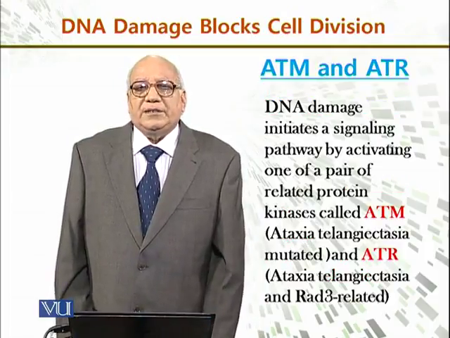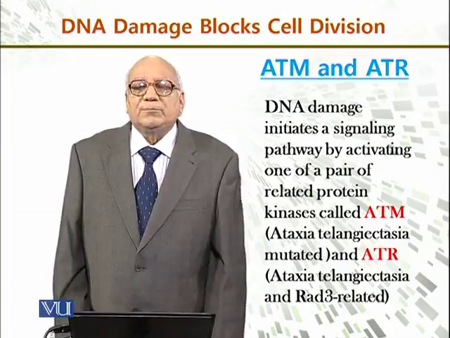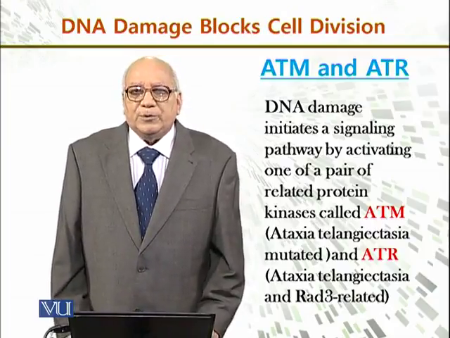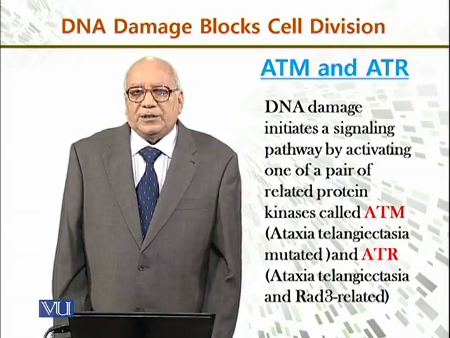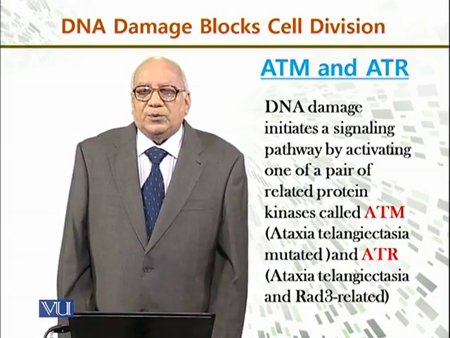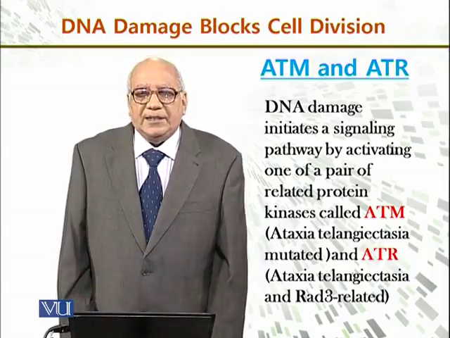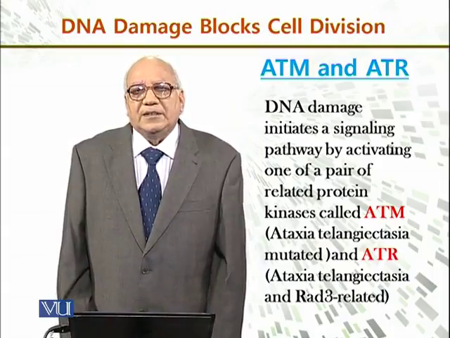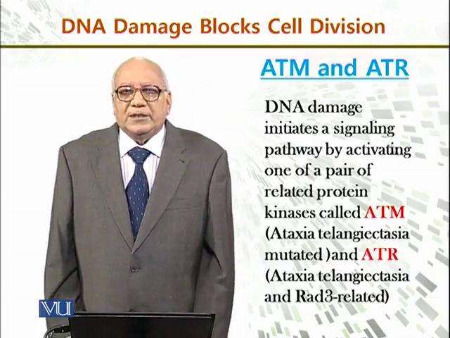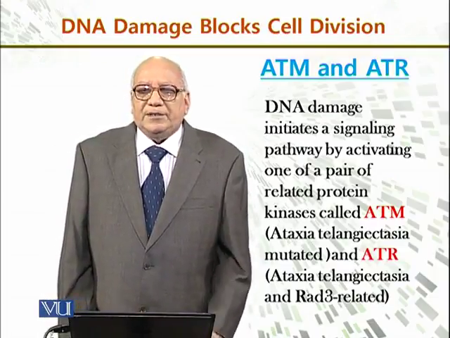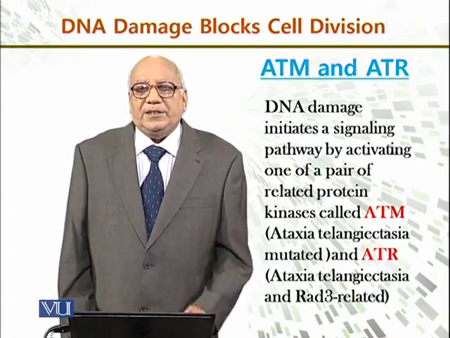During DNA damage, there are different, very interesting proteins, and a cycle is initiated. These proteins are known as ATM and ATR. This is not the ATM which we generally use, that is, the automated teller machine, but these are special kinases.